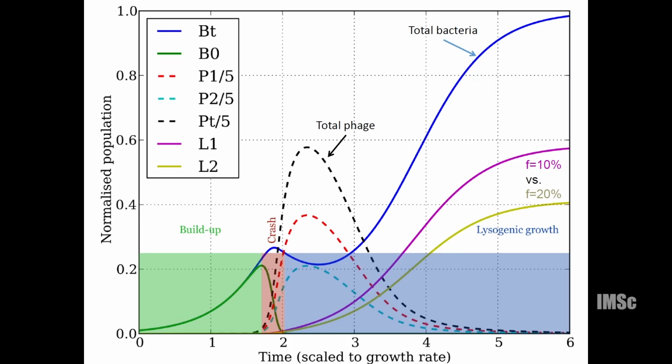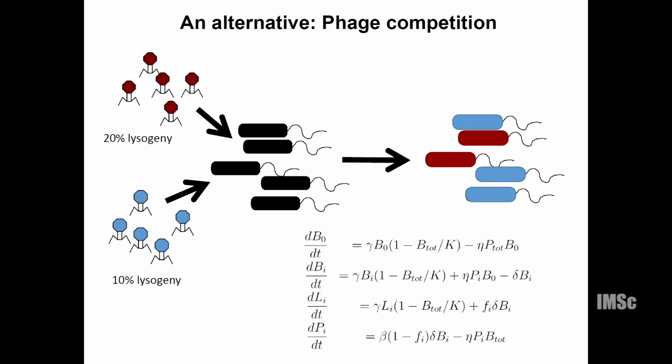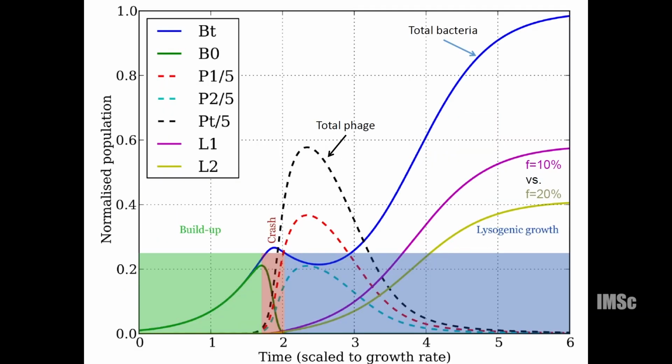A tiny number of viruses are around, and they slowly start infecting and bursting. This is an example for exactly this situation where one of the viruses has 20% lysogeny, one has 10%. Initially the bacteria grow almost as if the viruses don't exist, because the viral numbers are very low and hardly any bacteria are being infected.